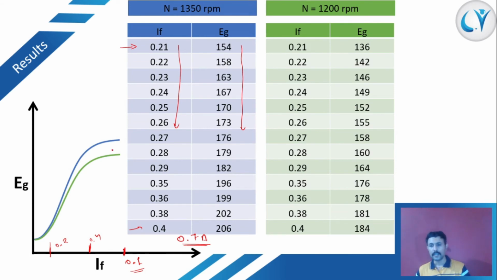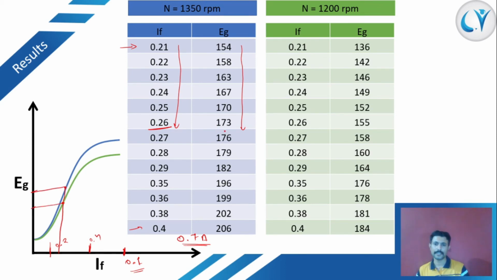linearly. For example, if we talk about 0.26, the reading of 0.26 is here, then the voltage induced because of 0.26 ampere of field current in the second case and in the first case is like this.